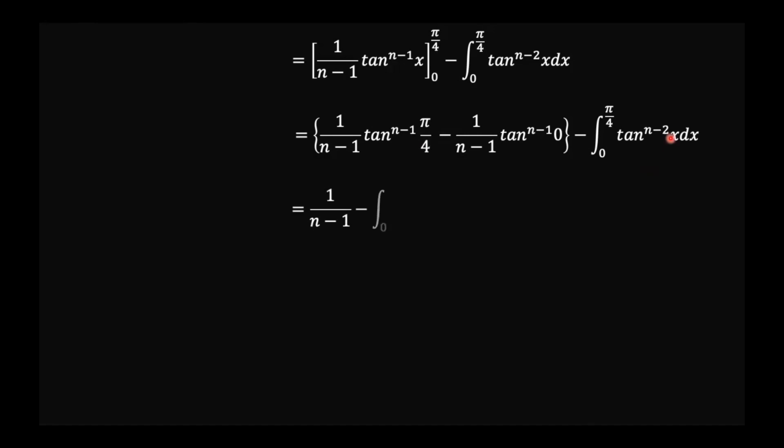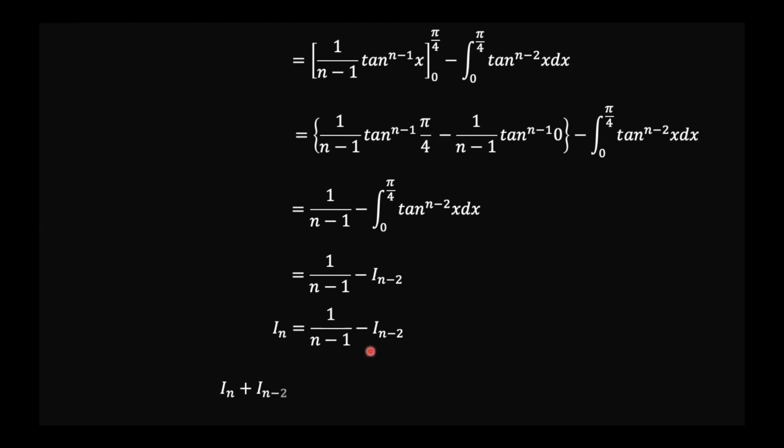And then we keep the second part as it is, so that 1 over n minus 1 minus I_n minus 2 is equal to I_n. So I_n is equal to 1 over n minus 1 minus I_n minus 2. If you take I_n minus 2 to the left-hand side, you get I_n plus I_n minus 2 equals 1 over n minus 1.